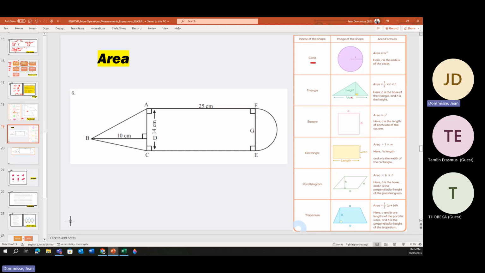So the circle, I added the triangle, the square, the rectangle. I don't know if you guys do the parallelogram or trapezium, so I just thought, let's add it. Then you have it. Then they can't catch you out. So that you can also just see what the formulas are.